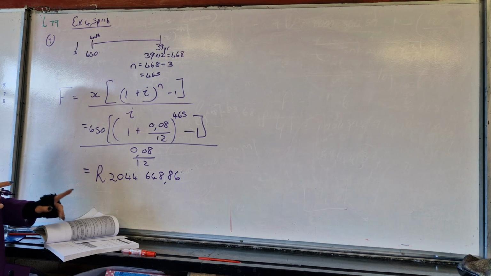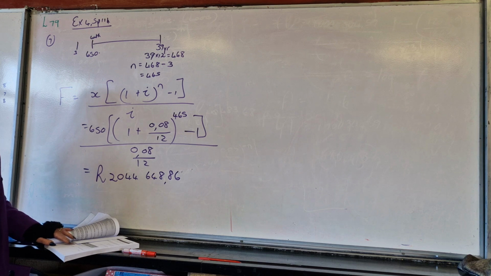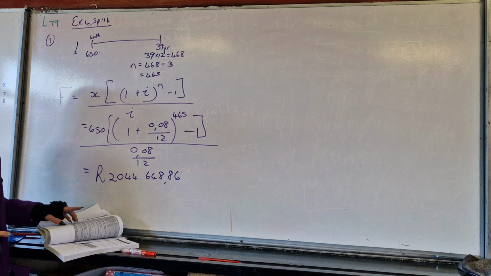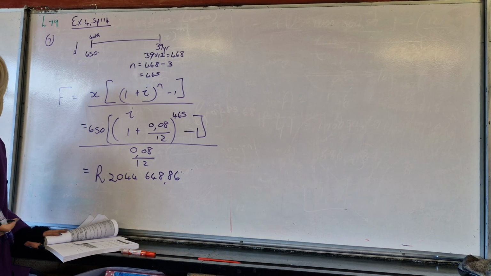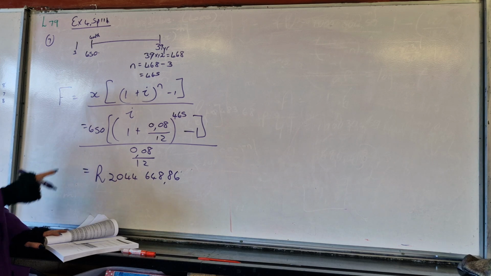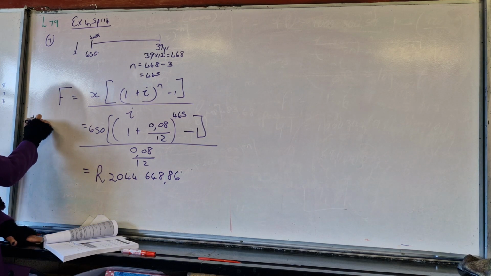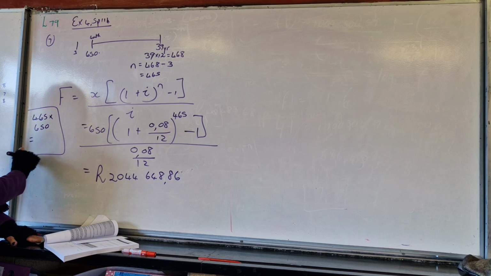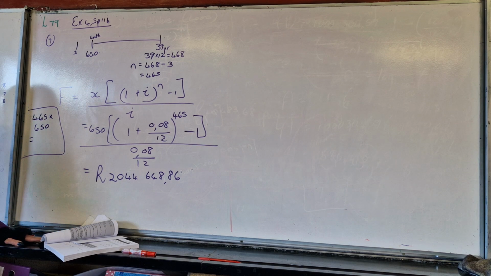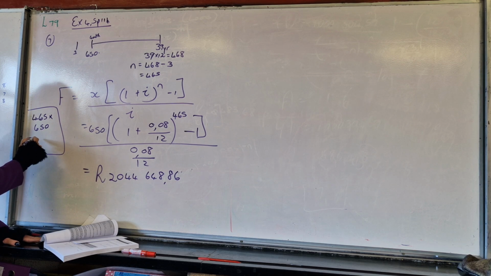So paying 650 Rand for 39 years got me to over 2 million rand. Is it worth it to save? But it's not worth it to put it under your mattress. Because if you put it under your mattress, then the 465 times 650 got me how much money, please? 465 times 650 is 302,250.